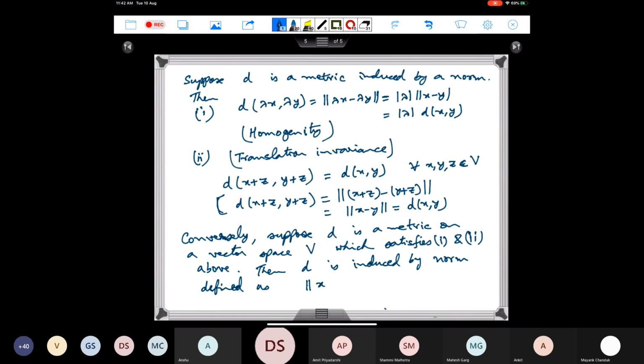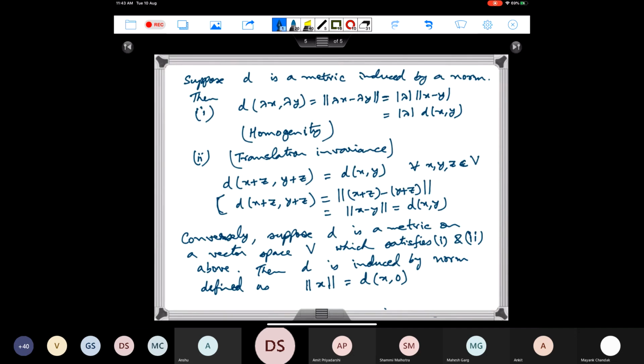so I need to define norm of x. So for any vector x, how do I define the norm of x? This must be defined as distance between x and 0, right? Because if you want that this norm induces the metric D, then we know that distance between x and 0 is norm of x minus 0, which is norm of x, right?